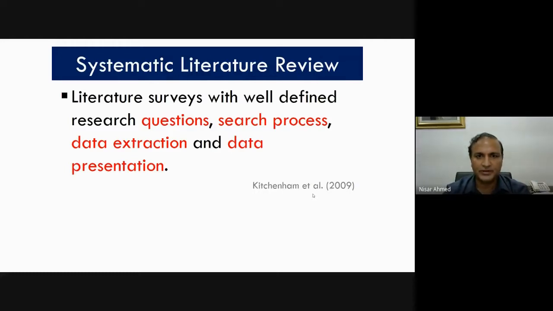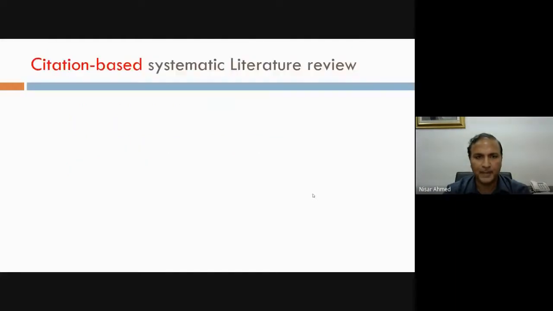So systematic literature review has well-defined research questions. It has a very well-defined search process of articles, and there is a way of data extraction. And finally, when you have your data ready, you can present your results. So this is one definition of a systematic literature review.